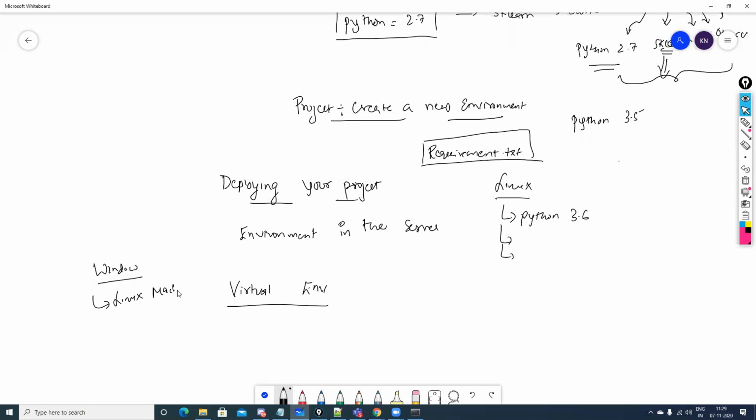You may install a Linux VirtualBox, so that you can run any kind of Linux application in your Windows machine also, right? So this is a kind of virtual environment. In Windows also, you can create multiple environments.